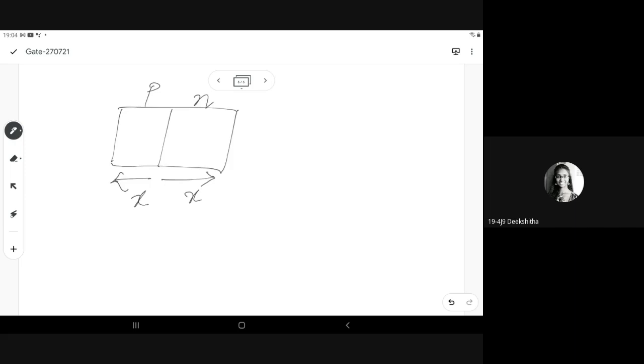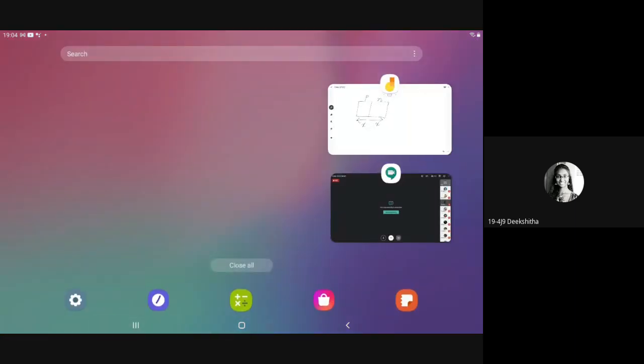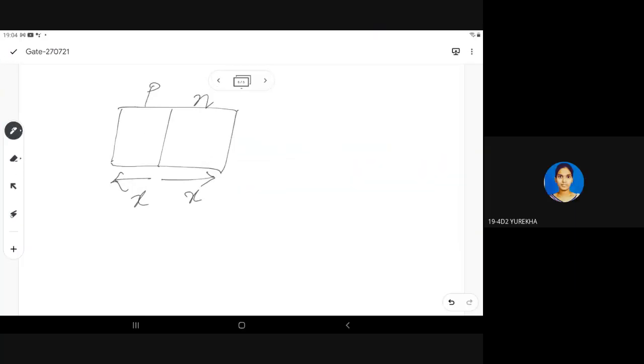Here there are more carriers on the P side. The majority carriers are what? Holes. So these holes will move towards the N side like this.